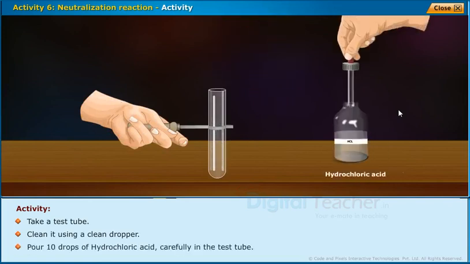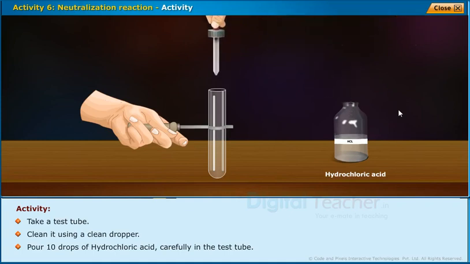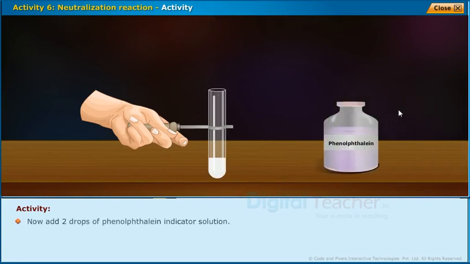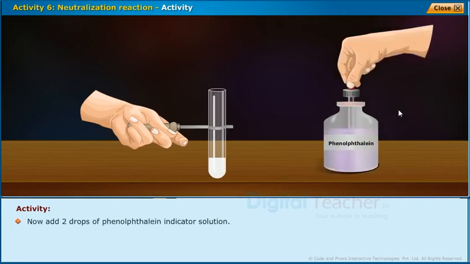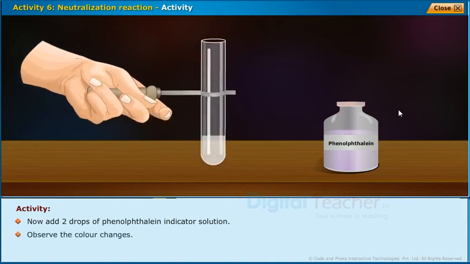Pour 10 drops of hydrochloric acid carefully in the test tube. Now, add 2 drops of phenolphthalein indicator solution. Observe the color changes.